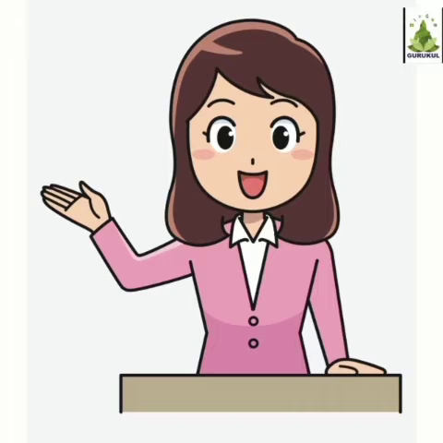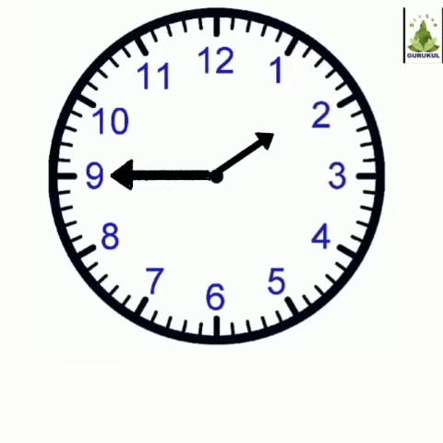Dear students, you have learnt in 3rd standard about time reading. Let us revise. Write the time shown by the clocks below in hours and minutes. First, I will read the time of this clock for you.